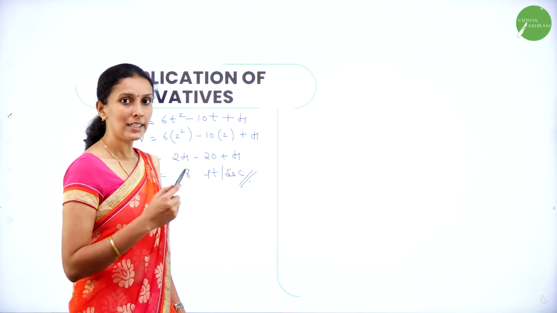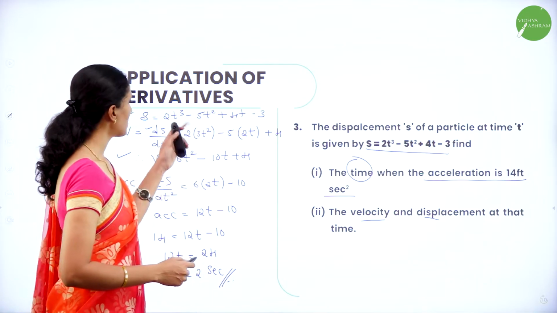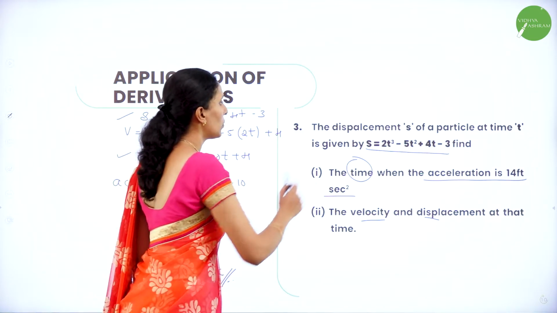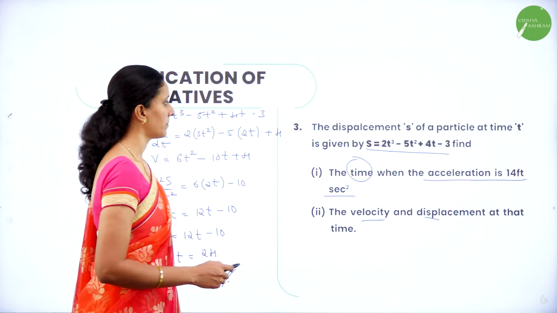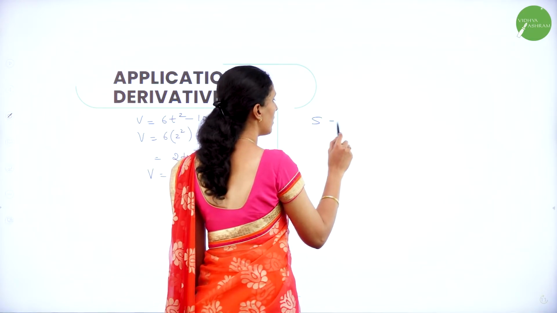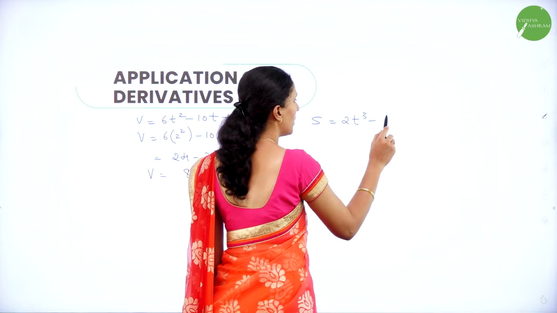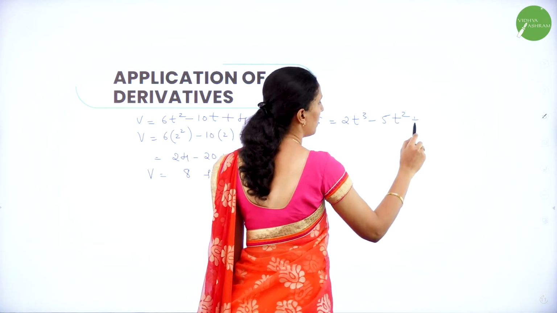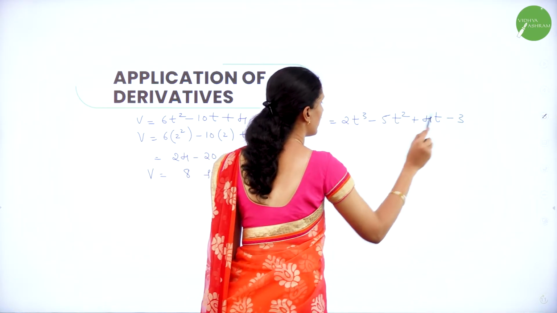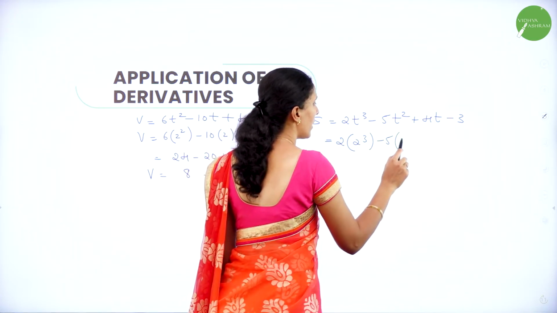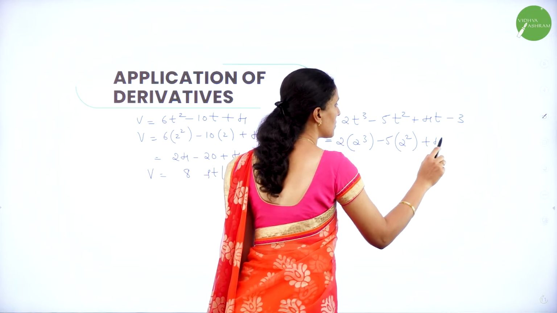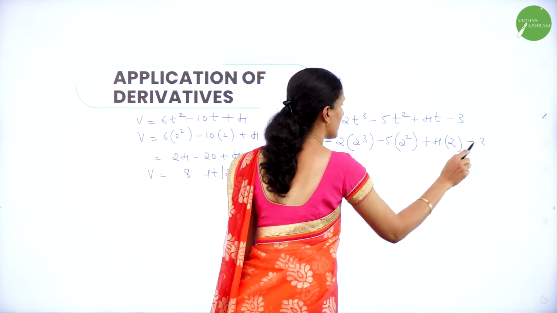Next, let us take the displacement. So displacement is S is equal to 2t cube minus 5t square plus 4t minus 3. So it is 2 into 2 cube minus 5 into 2 square plus 4 into 2 minus 3.